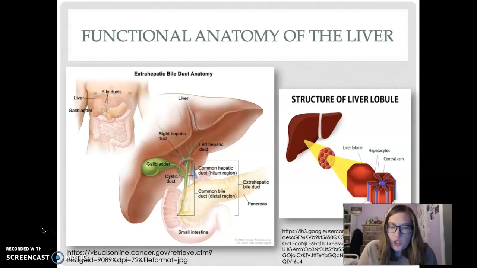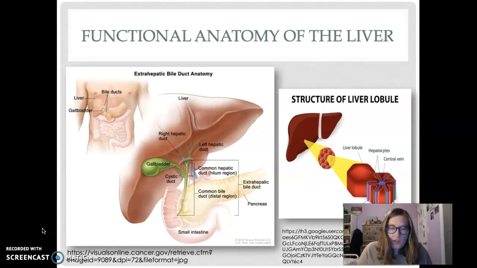Interestingly, each human liver is estimated to contain roughly 1 million of these building blocks that allow for a blood supply to enter and leave the liver and for the drainage of bile. Now, on the left side of the slide, you can see a diagram illustrating the anatomy of bile ducts of the liver.